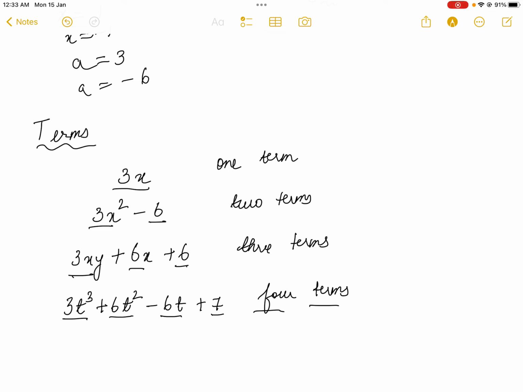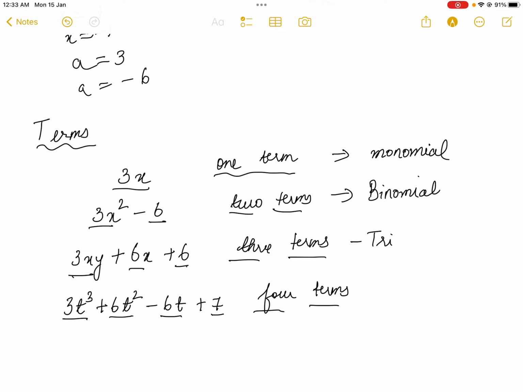All right, so if an algebraic expression is written in just one term, it is called monomial. Okay, and if an expression is written with 2 terms, it is called binomial. All right, and if it's written in 3 terms, it is called trinomial, and in 4 terms or more, it is often called polynomials.